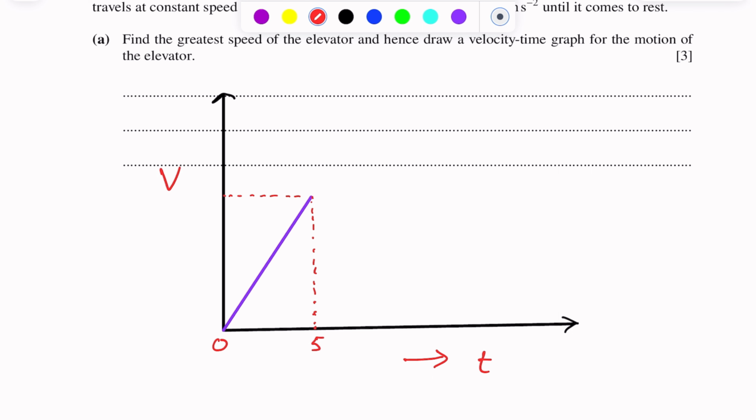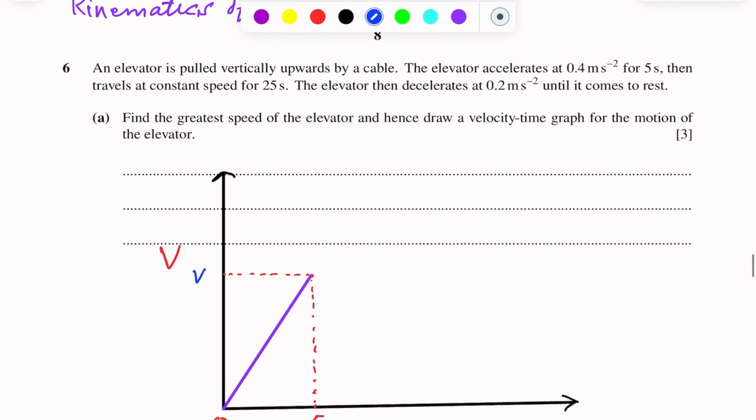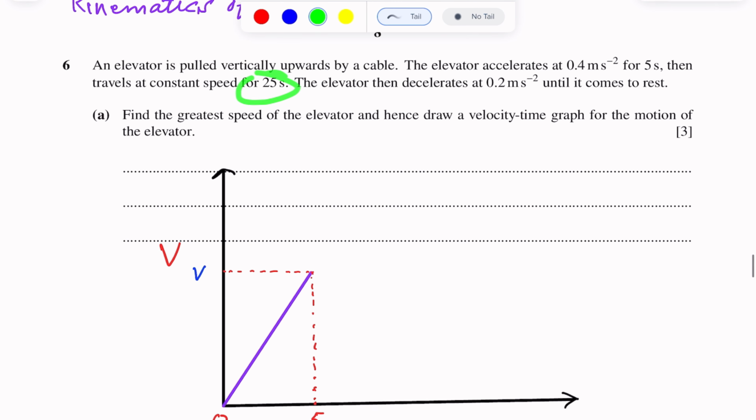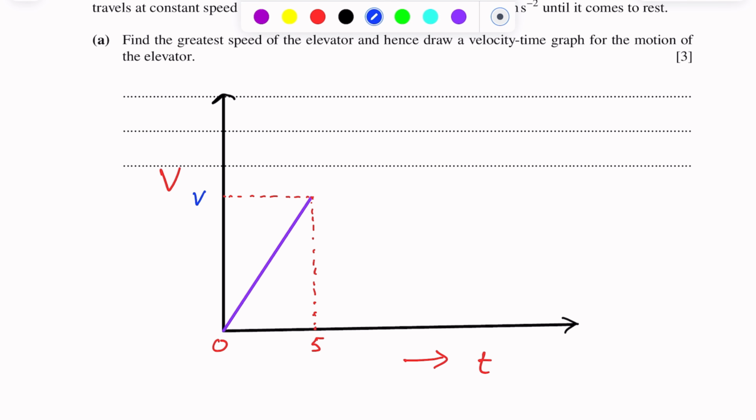Speed is v here. Let the speed be v. Then it travels at constant speed for 25 seconds. This horizontal line shows constant speed for 25 seconds.